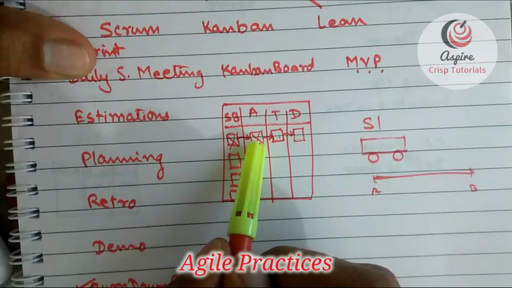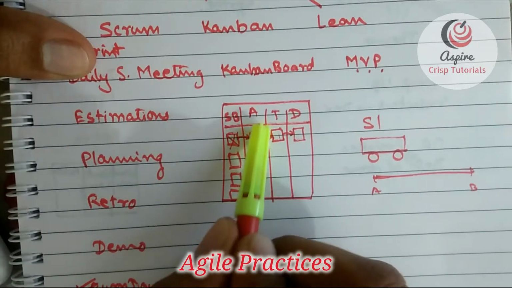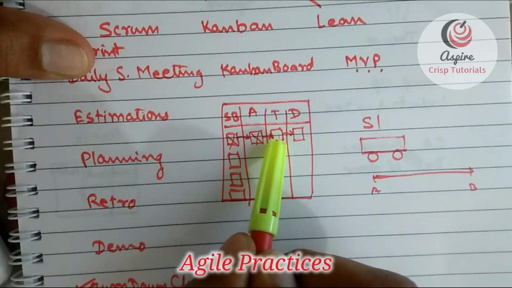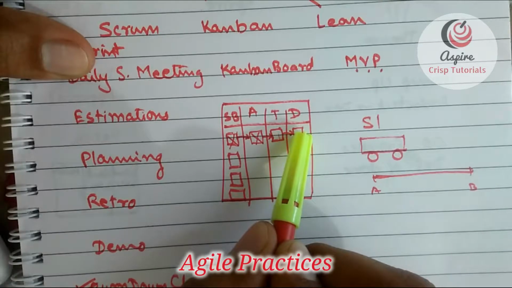Then when he completes the development, then QA moves it to testing. Then when he completes the testing and when the bugs are solved, then the story is said to be done. So that post-it card is moved to done.